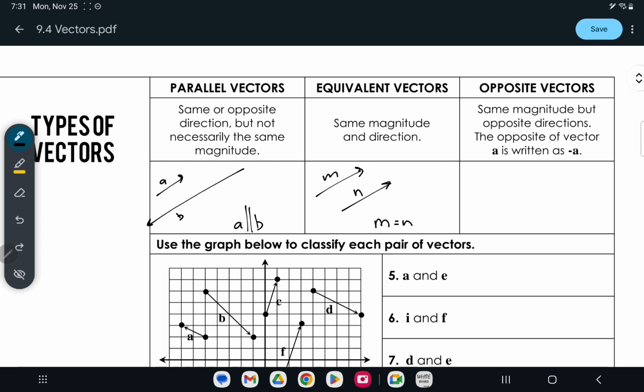So they have the same magnitude, but they're opposite directions. So I could have vector u and vector v. So we could say that u is negative v.